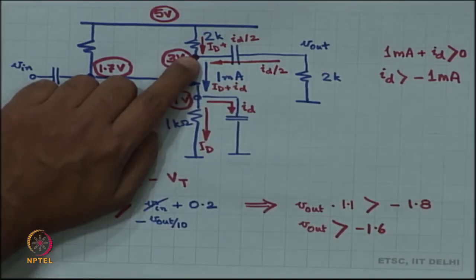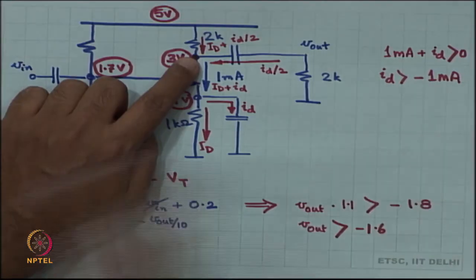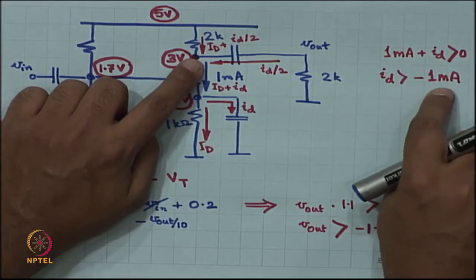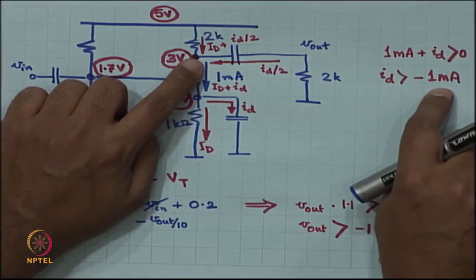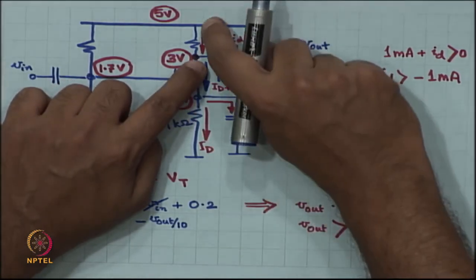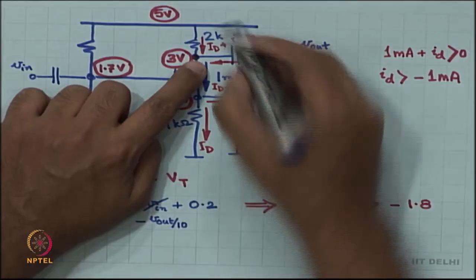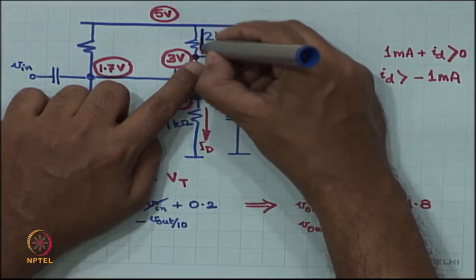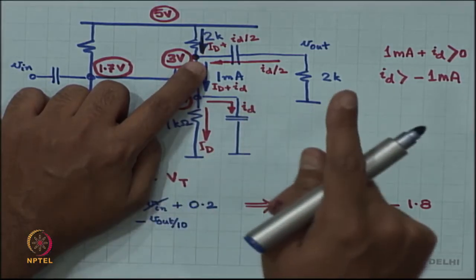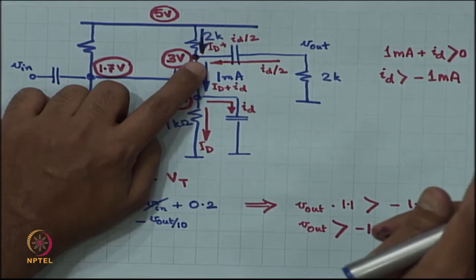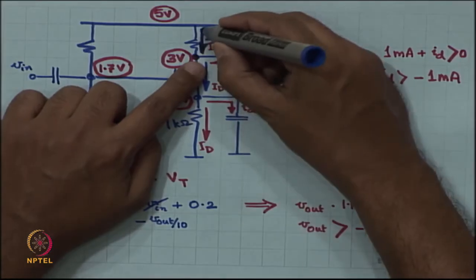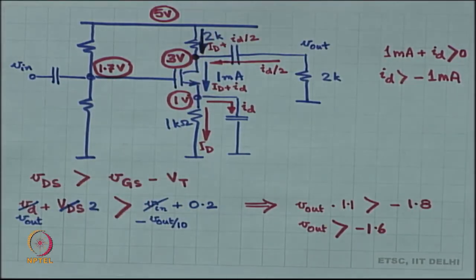So, the change in the drain voltage is V out. The smallest value of small id is minus 1 milliampere. Okay. So, therefore, the smallest value of the current through this resistor is 1 milliampere minus 0.5 milliampere. Okay. So, the lowest value of this particular current is half a milliampere.